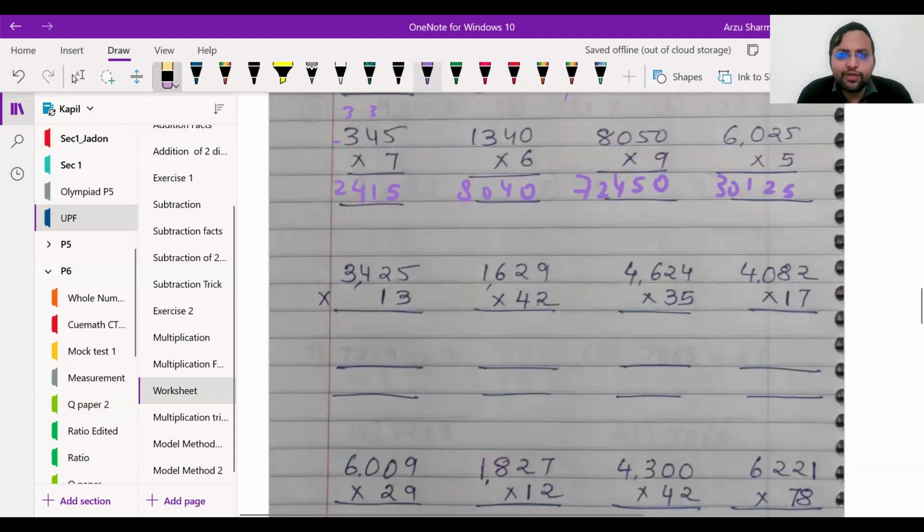So 3 times 5, 15, 1. 3 times 2 is 6. 6 plus 1 is 7. 3 times 4 is 12. 3 times 3. Yes, Vihan, correct. Okay, Sujal, now it's correct. 3 times 3 is 9 plus 1, 10. Okay. Then we'll put a 0 here. 5, 2, 4, 3. So it's 44,525. Yes, Swastik.